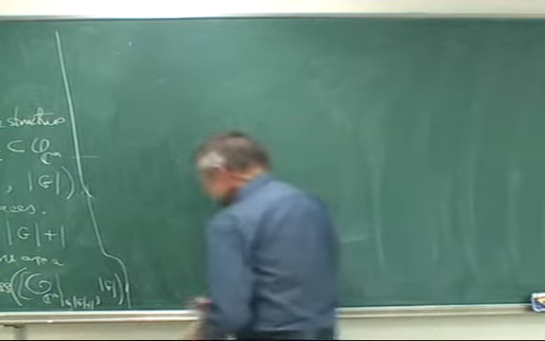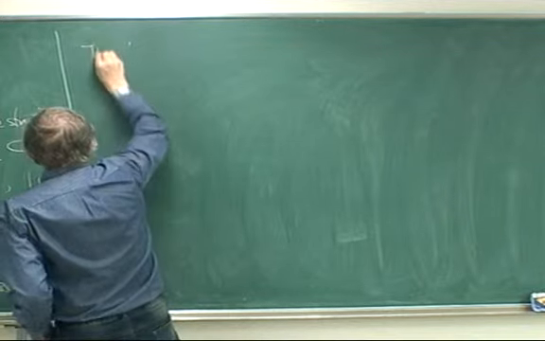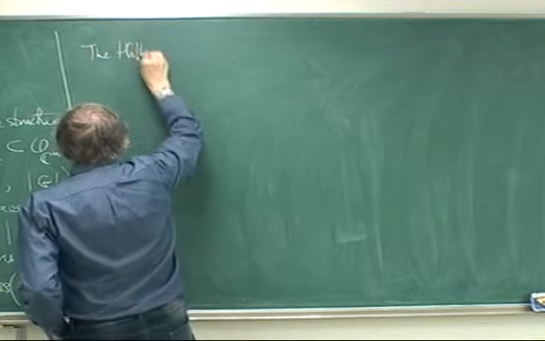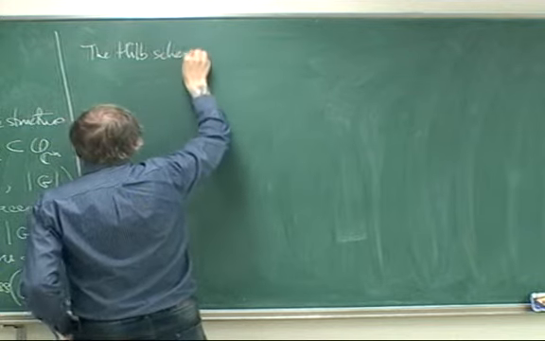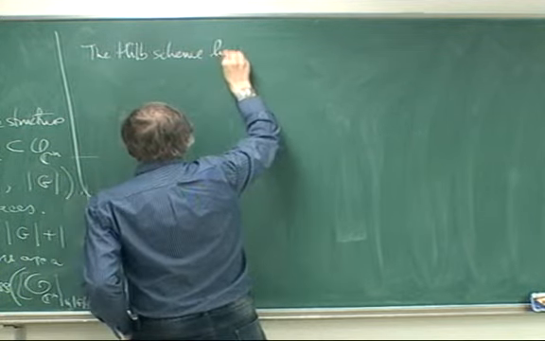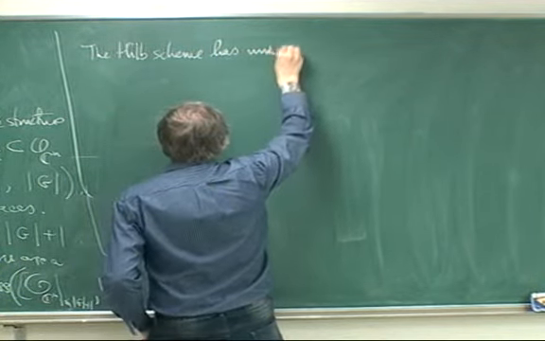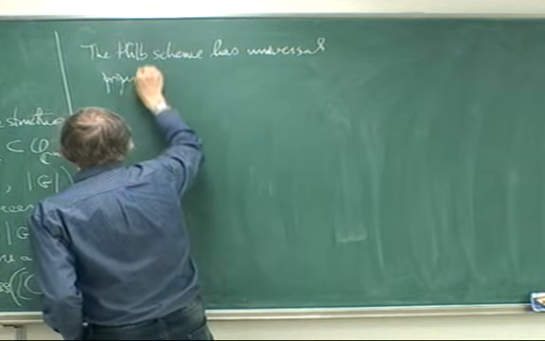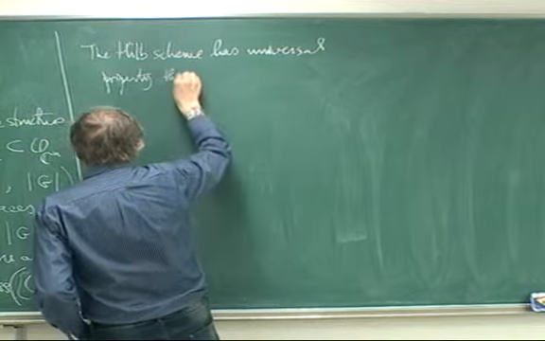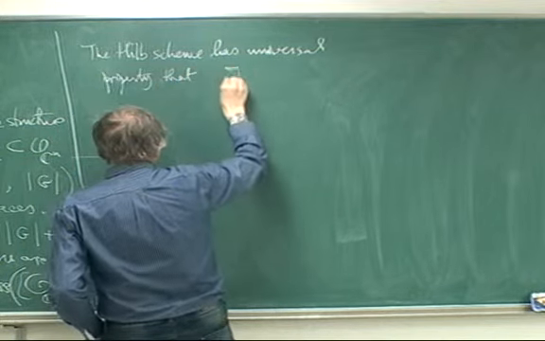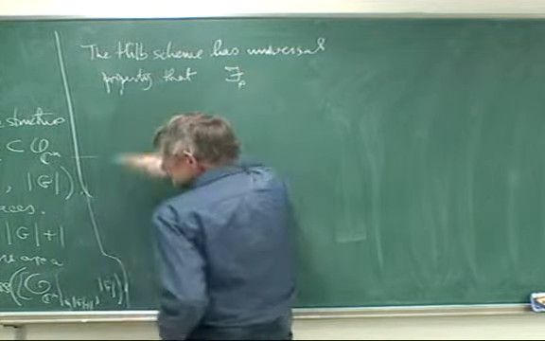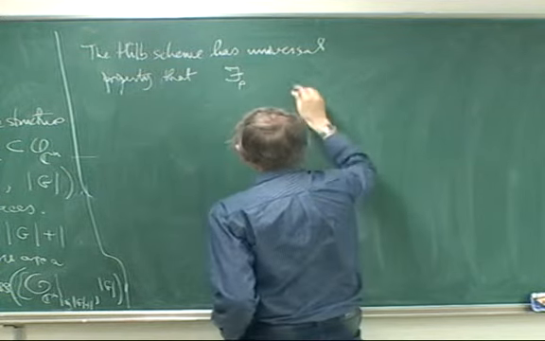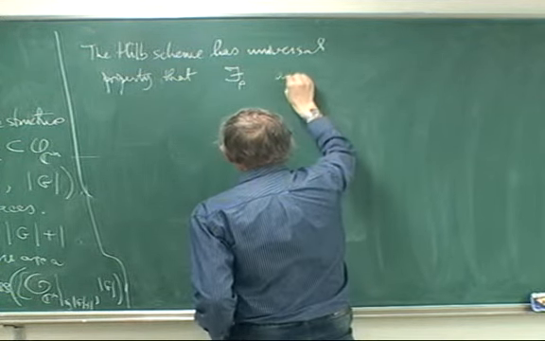So the Hilbert scheme has the universal property that these sheaves F rho, described over there, are locally free.